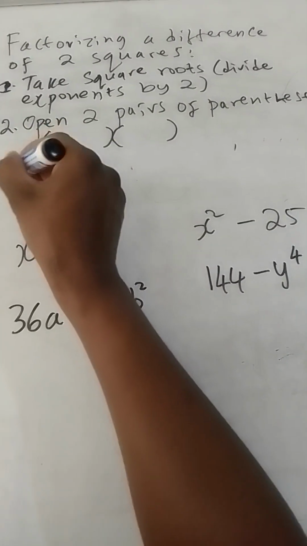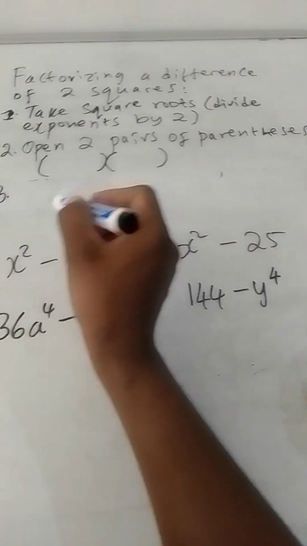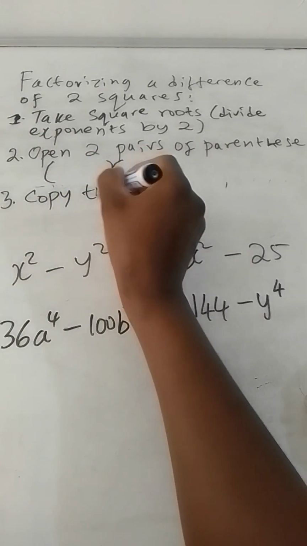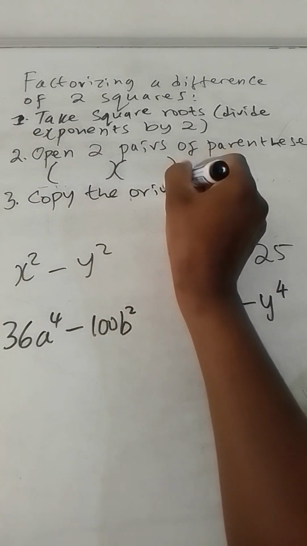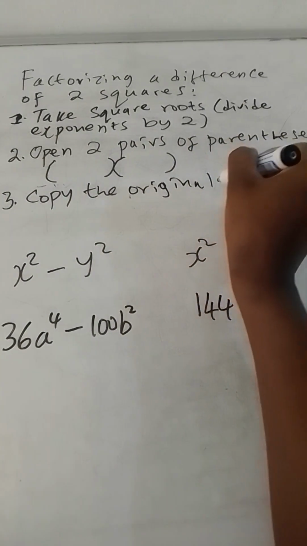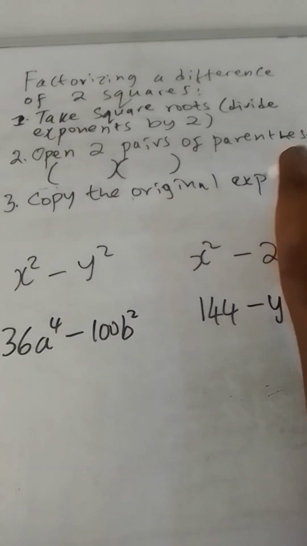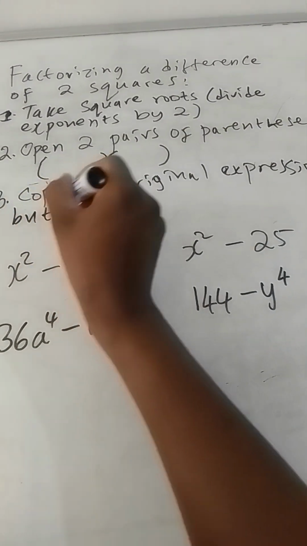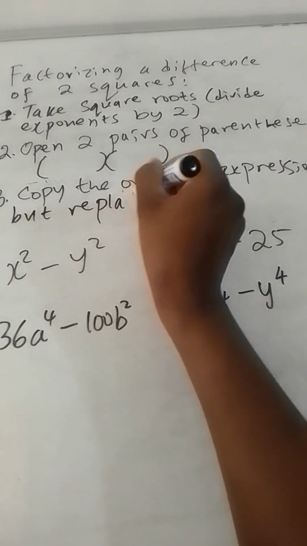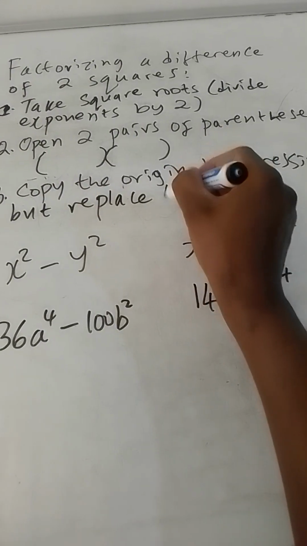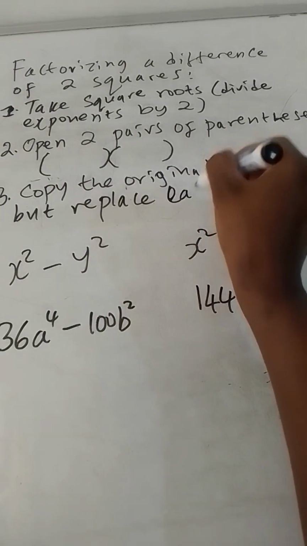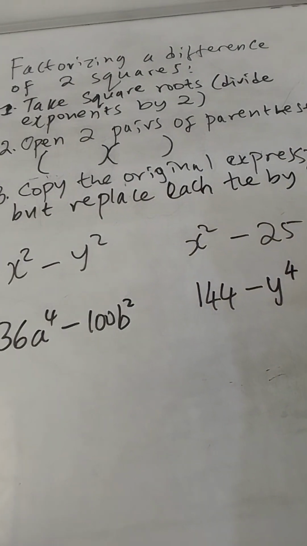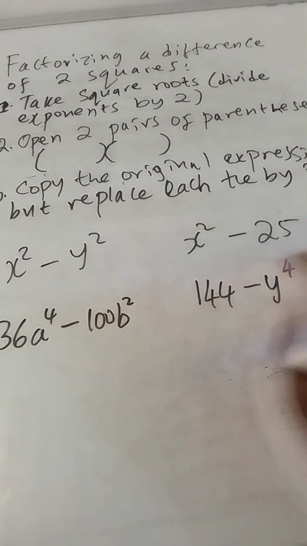So step number 3, in step number 3 we copy the original expression but replace each term by its square root.